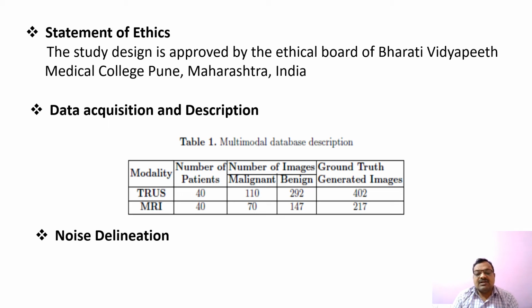The MRI images also suffer from additive Gaussian noise. Denoising these images is done using the first order locally applied adaptive median filter. These denoised images are used for the further segmentation of the prostate area.